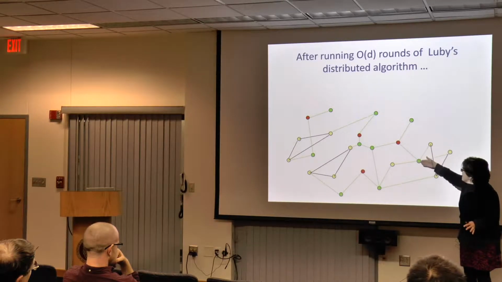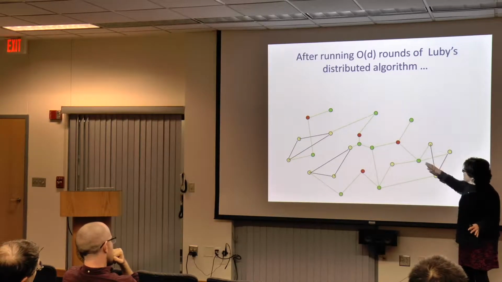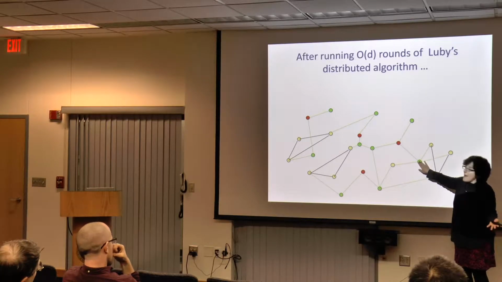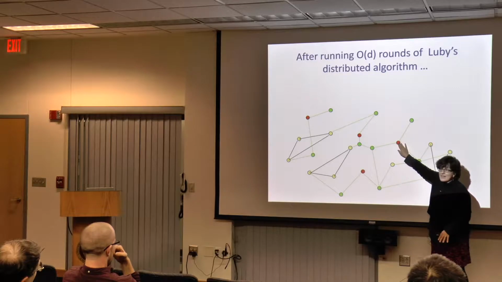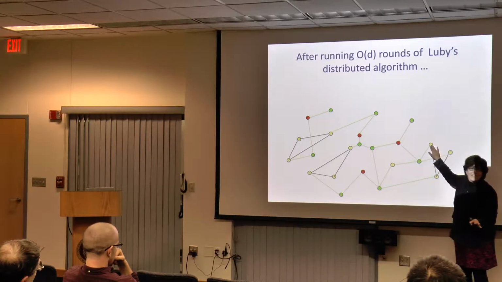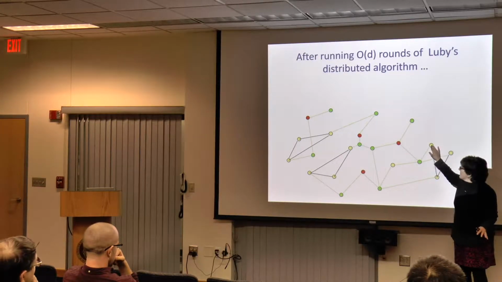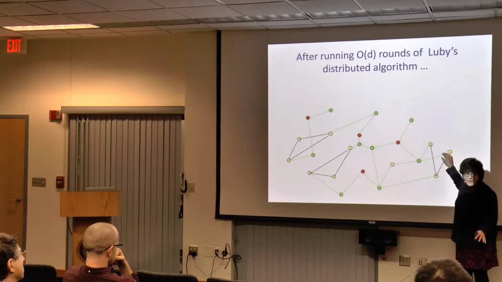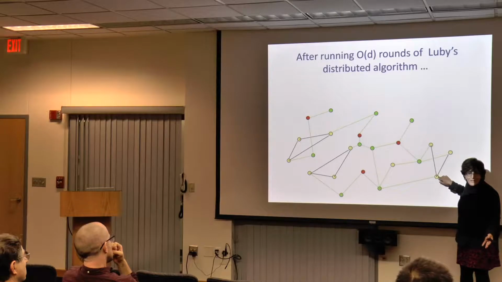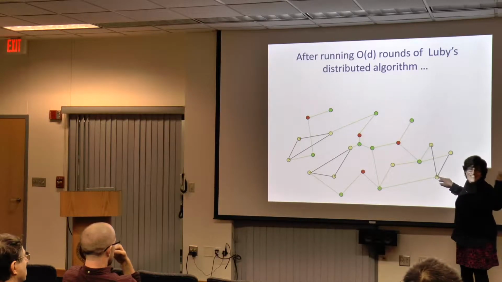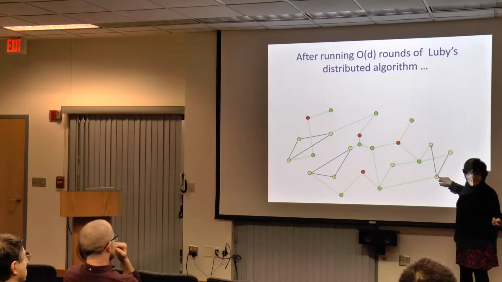Let's say I'm green, then I say, okay, I'm not in the maximal independent set. If I was red, I'd say, oh, I'm definitely in the maximal independent set. And if I'm yellow, I still have to do some computation. I have to find out who's in my connected component, so I have to do a breadth first search. I have to find this guy. Is he alive? That guy has to do the D to the D computation and figure out if he's alive.